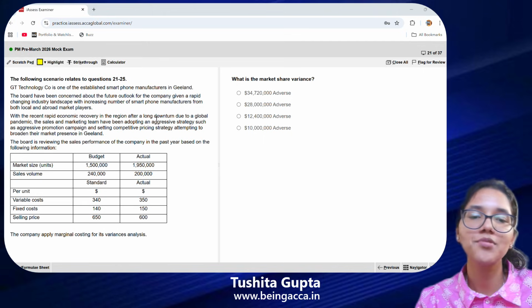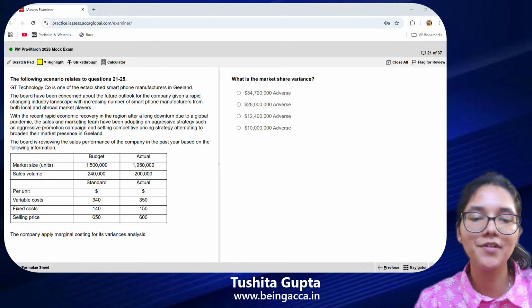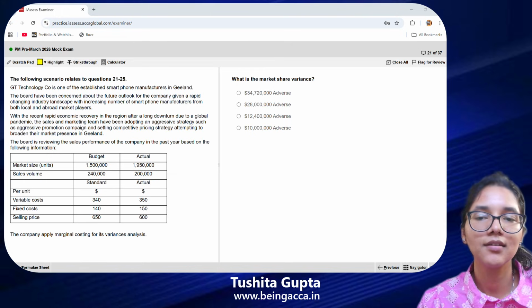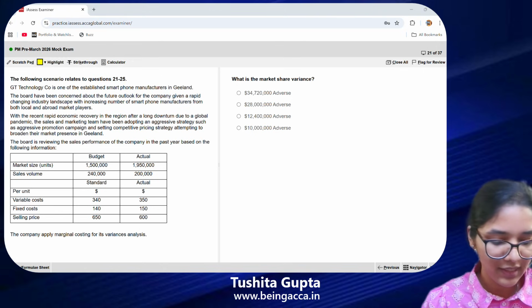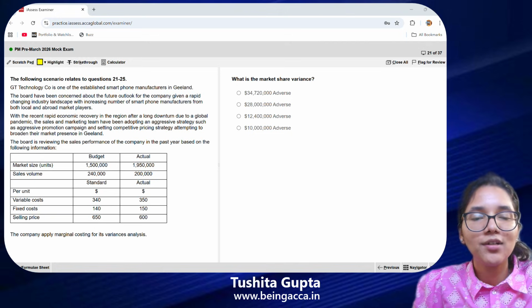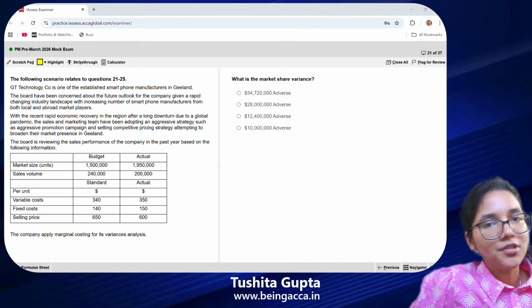Budget, actual and revised are the three figures that we have. But when it comes to the share variance, which two numbers are we concerned with? For every operational variance, out of these three, which two numbers will you compare? Actual and revised. Actual with the revised.